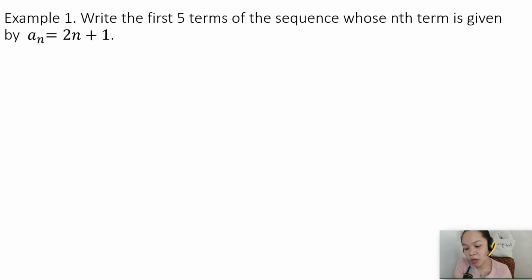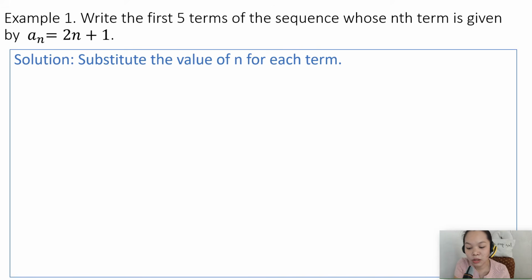Okay, so for example 1, suppose we are going to write the first 5 terms of the sequence whose nth term is given by a_n is equal to 2n plus 1. Our solution comes with the substitution process. We are just going to substitute the value of n for each term.